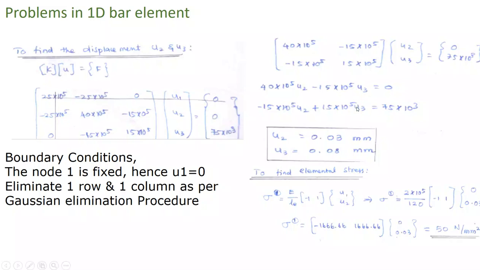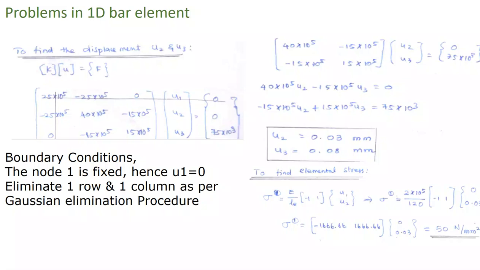Solving these equations, we find u2 is 0.03 mm and u3 is 0.08 mm. So this is the primary unknown of that particular component. The displacement: node 1 is fixed, so u1 is 0, u2 is 0.03 mm, and u3 is 0.08 mm. These are the primary unknown variables.